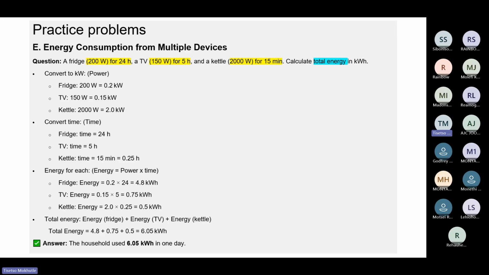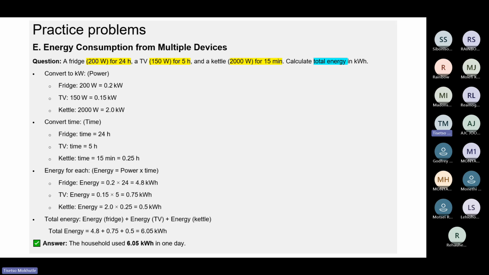Now we are going to calculate energy for the fridge. We know it must be the power multiplied by the time. So we know the power is 0.2 for the fridge, and it is connected for 24 hours. So the energy consumed by the fridge is 4.8 kilowatt hours. What about the TV?